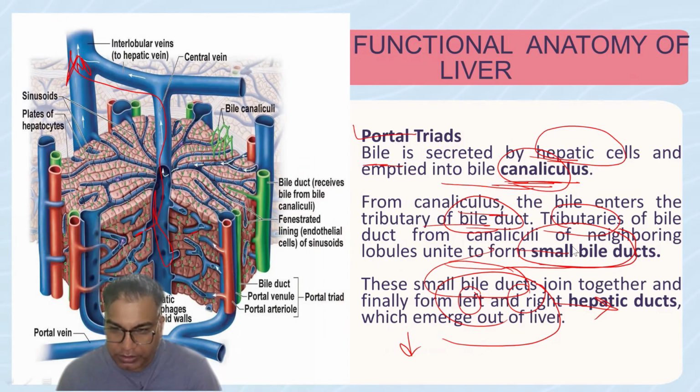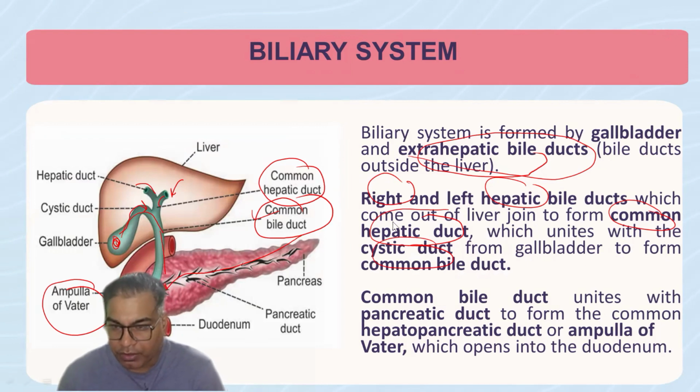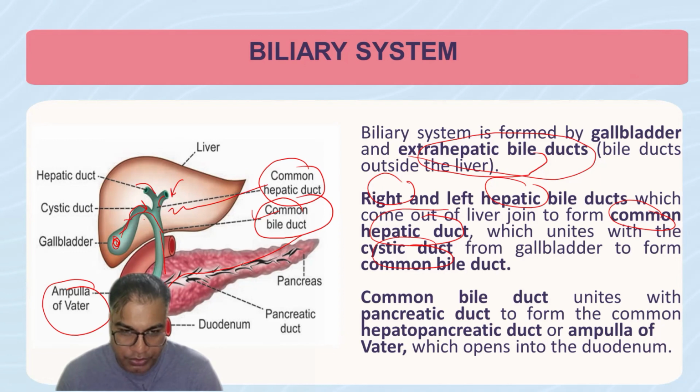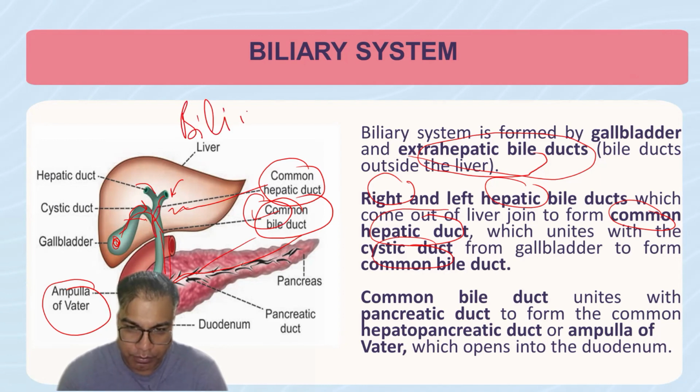These small bile ducts form left and right hepatic duct, and after emerging from the liver, these right and left hepatic ducts form the common hepatic duct, which joins with the cystic duct and forms common bile duct, which is further connected to the pancreatic duct and opens into the duodenum by the ampulla of Vater. This whole system is called biliary system.